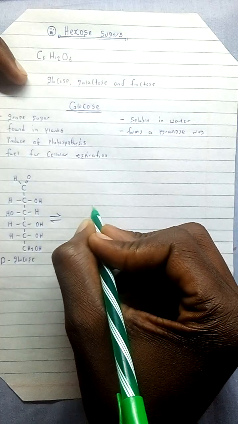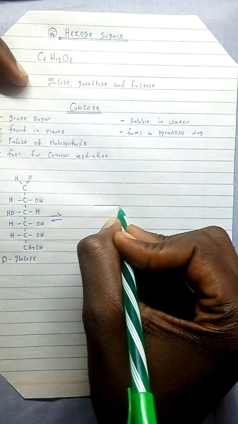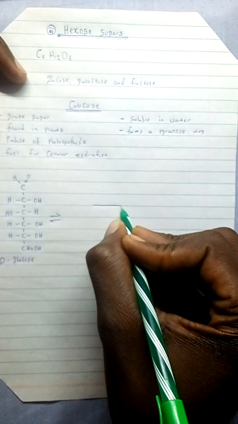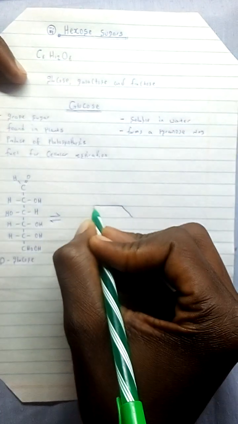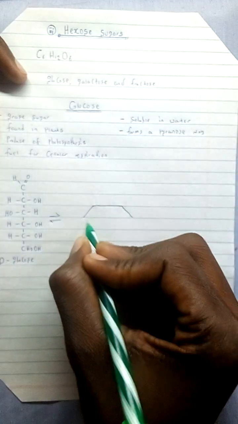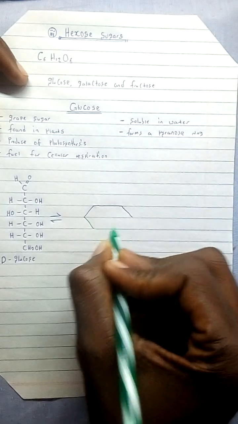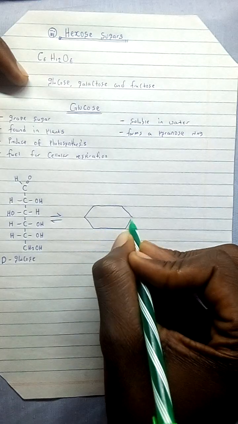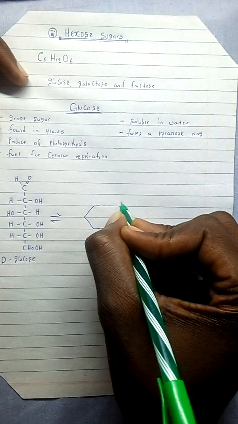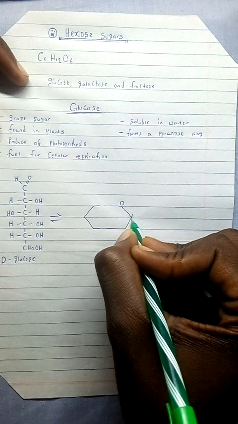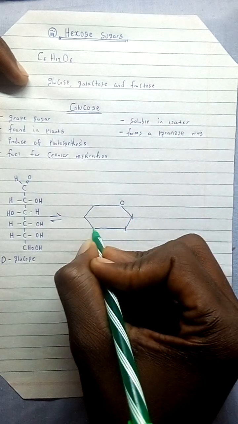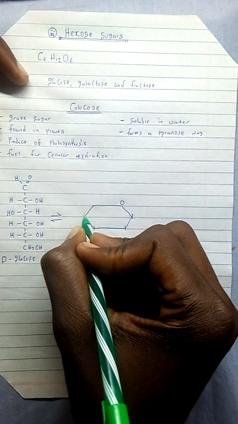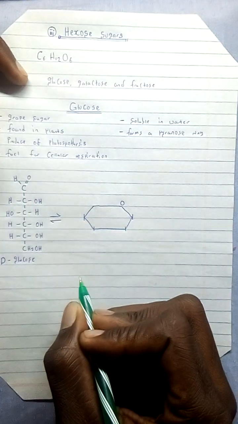It will be like this, since it is a 6 carbon sugar. Have you seen? I hope we are able to see, guys. 1, 2, so here there will be carbon, oxygen. Okay, guys.